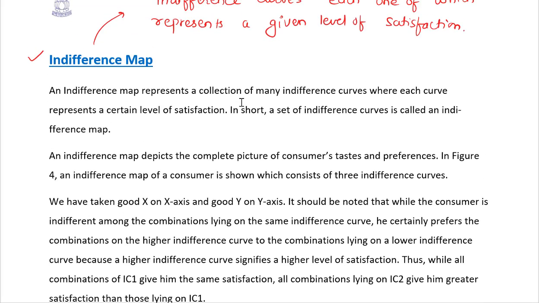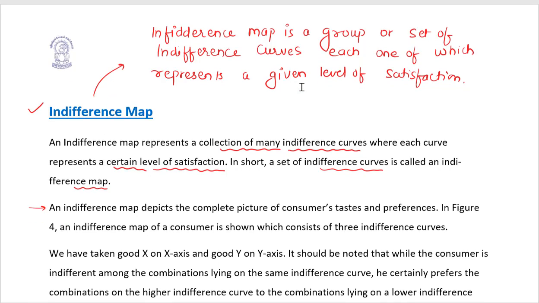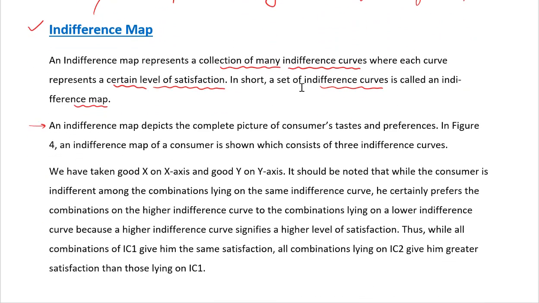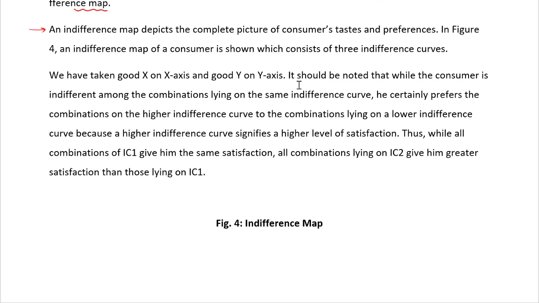So an indifference map represents the collection of many indifference curves, where each curve represents a certain level of satisfaction. In short, a set of indifference curves is called an indifference map. An indifference map depicts the complete picture of consumer taste and preferences.